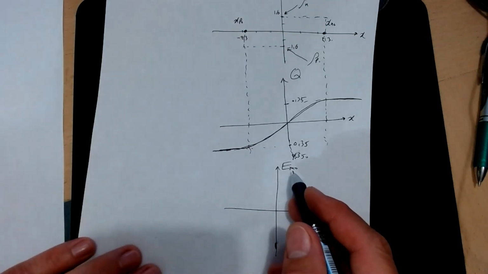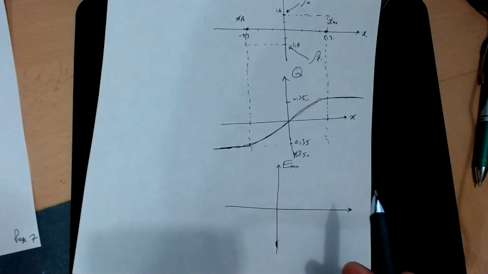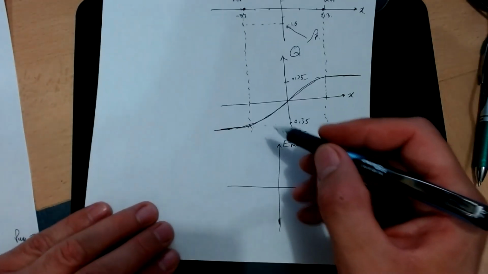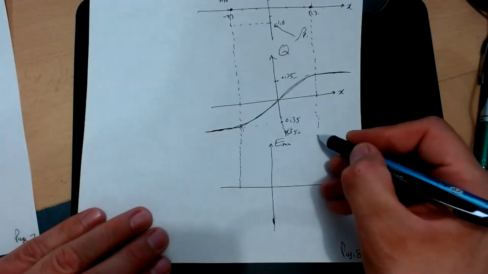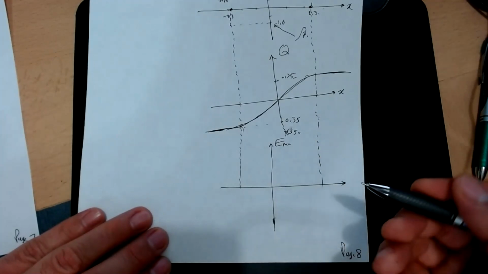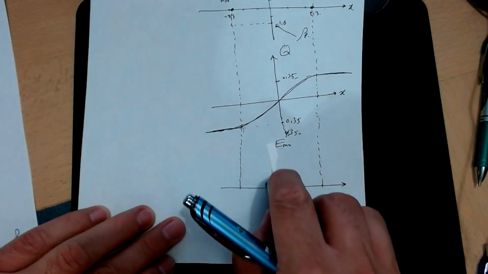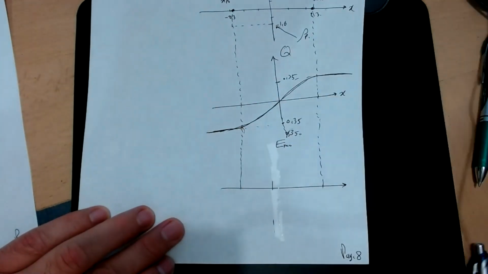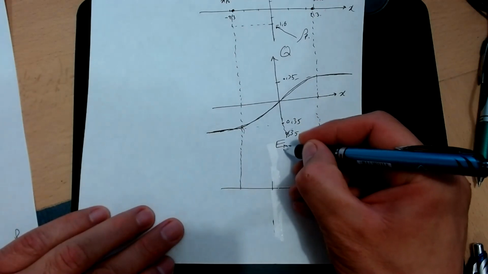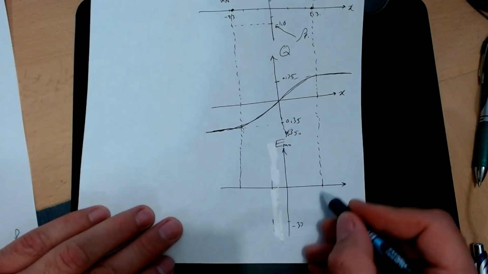And for the EM0, the value is 33. So we're still continuing, because all of these points are fixed, XP0 and XN0. This is going to be in the middle, so let me erase it. It's going to continue in this format, and negative 33.